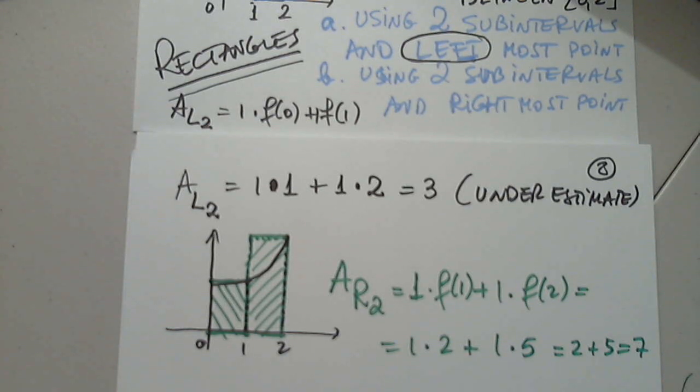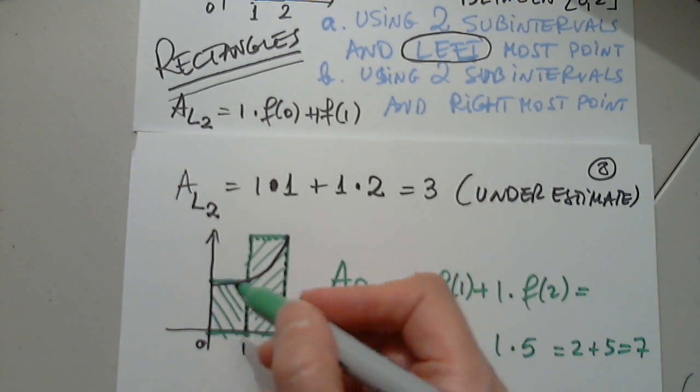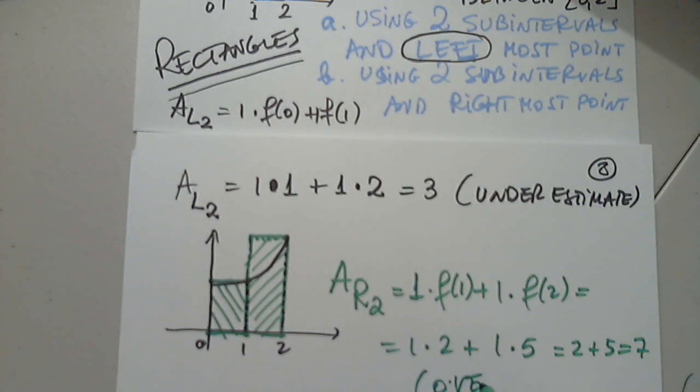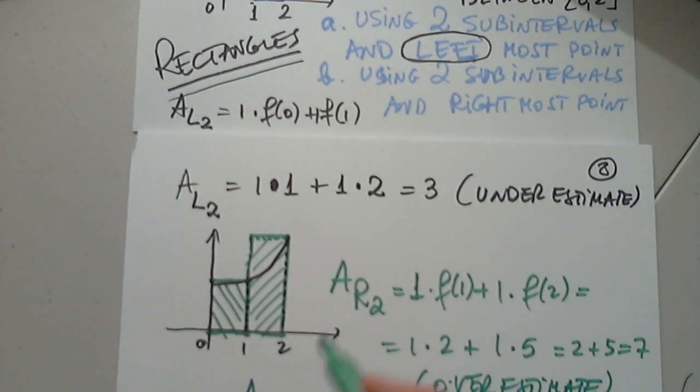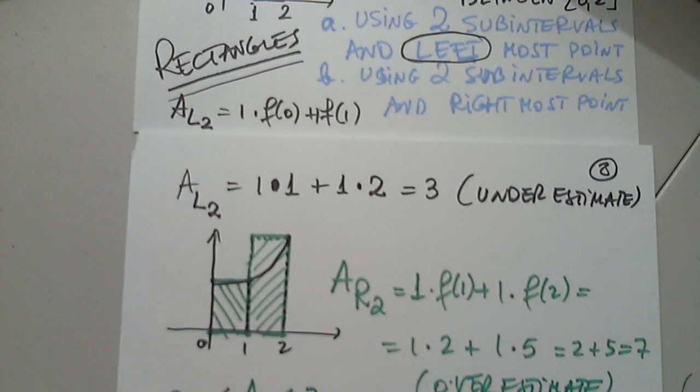Do you think that this is an underestimate or an overestimate of the actual correct area? Over. Of course, by a lot. Overestimate. Perfect. So we know that the actual area, the exact area, is somewhere between 3 and 7. It's not 3 and it's not 7. Okay, perfect.